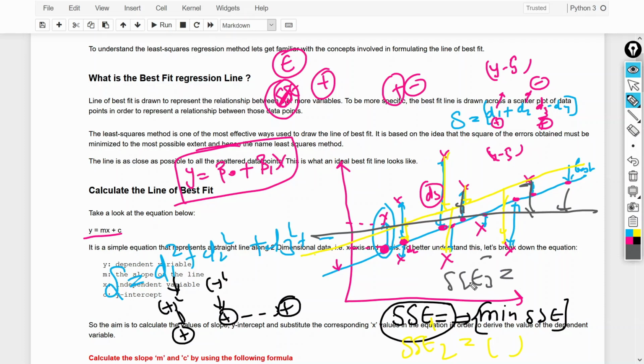So we check each and every data point against different lines, and the line that provides the minimum sum of squared error is treated as your best fit line. That is also called OLS, the ordinary least squares method, for getting the best fit line.